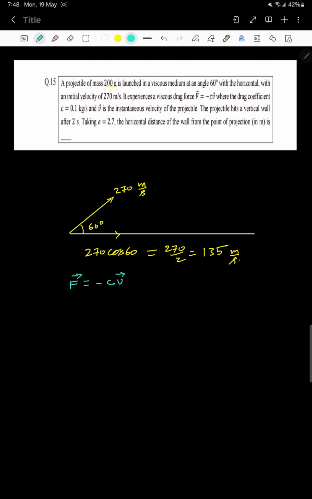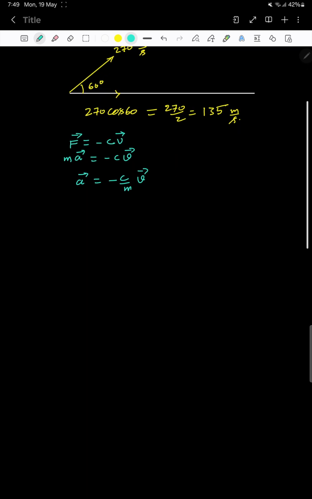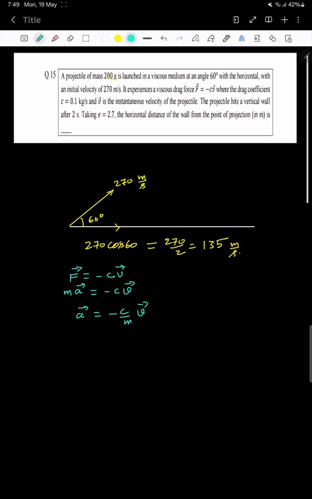In accordance with Newton's second law of motion, force is mass times acceleration, which is minus c times the velocity. From this, acceleration can be written as minus c upon m times v. This is the acceleration along the horizontal direction.